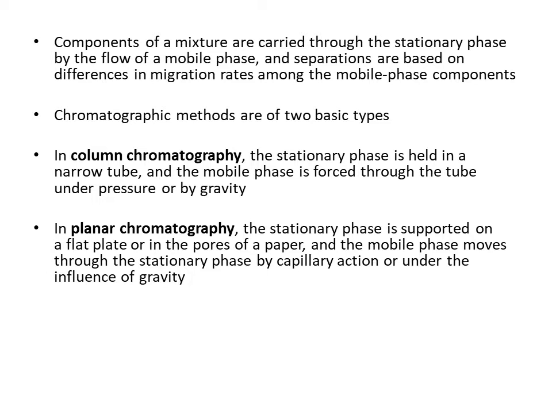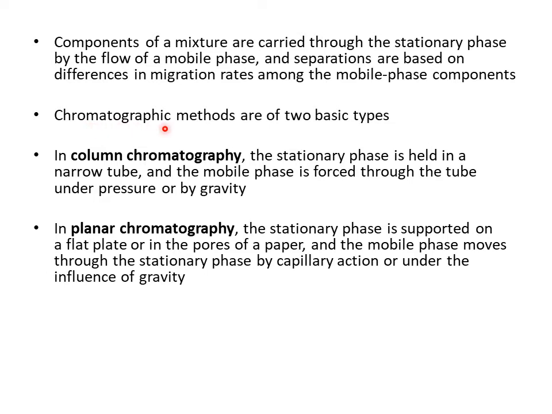The component which has more affinity towards the stationary phase spends more time with the stationary phase, while the component which has more affinity towards the mobile phase spends more time in the mobile phase. In this way, all of these components are separated from each other.